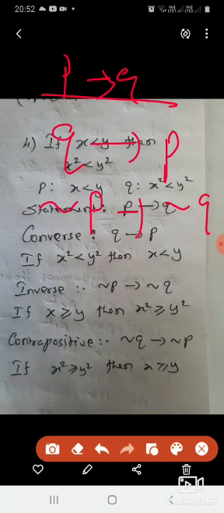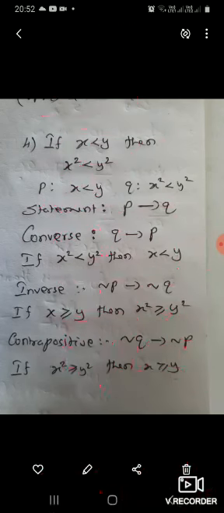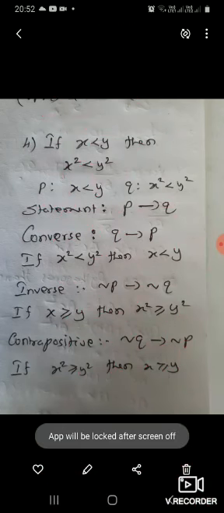Suppose x is an even number, the negation is x is not an even number. But if the condition is greater than, its negation is less than or equal to y. So we have used that also. Thank you.